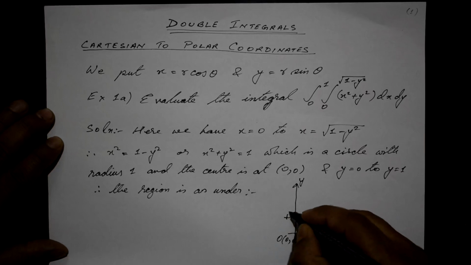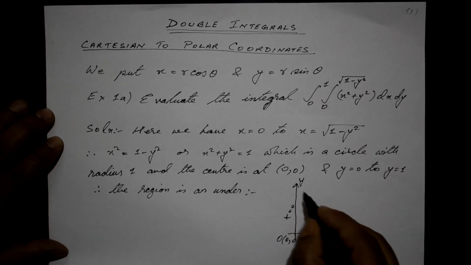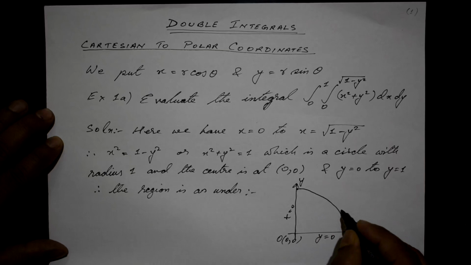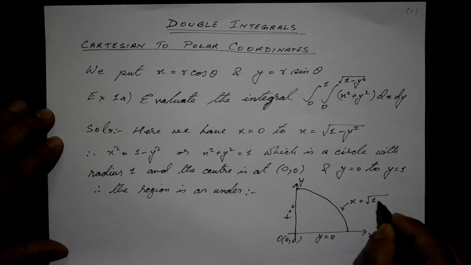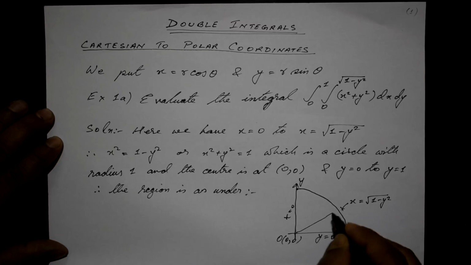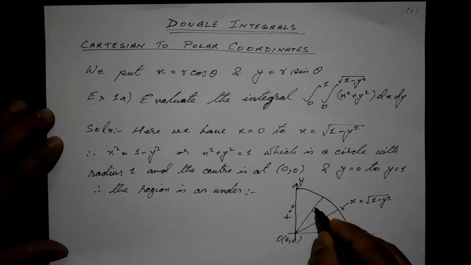This line represents y is equal to 0 and this line represents x is equal to 0. We draw the circle. Here r is equal to root of 1 minus y square. We represent it in the polar form, so we drop two lines and we draw the region.